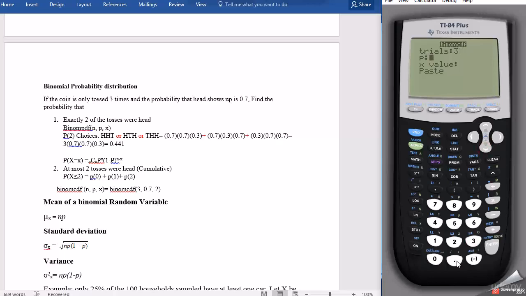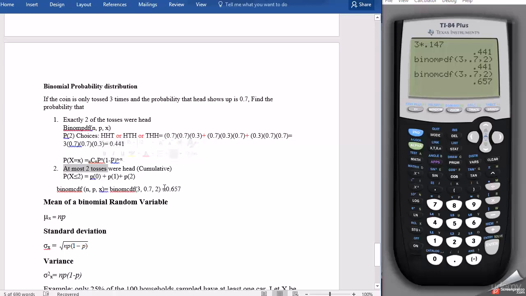P is 0.7, and the X value is 2, and then we are going to paste and enter. So the probability of getting at most 2 heads is equal to 0.657.